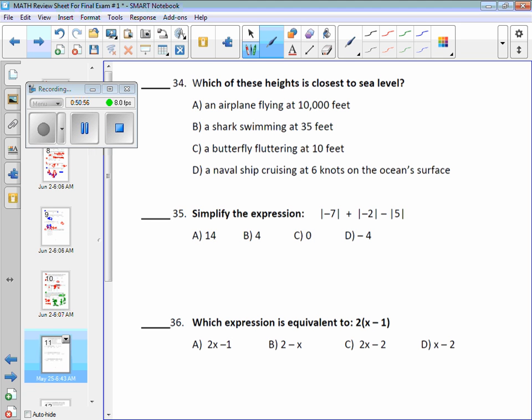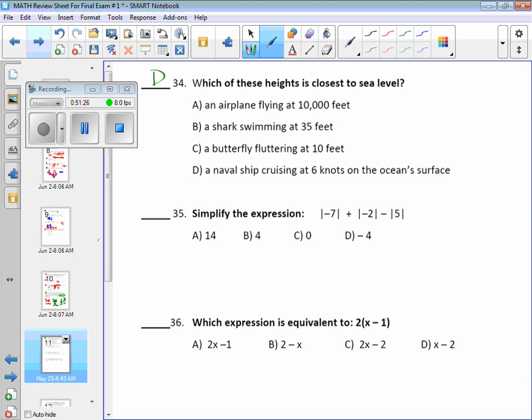But the answer is D. Wait, isn't the one on the ship going and the shark swimming? Well, that came into question too. But for all intents and purposes, whenever you see anything about a ship on the water, that is sea level. That's 0 on a number line. Okay? But I might change it for next year so there's not as much confusion.